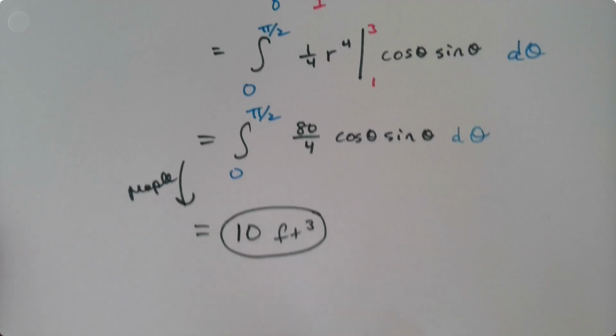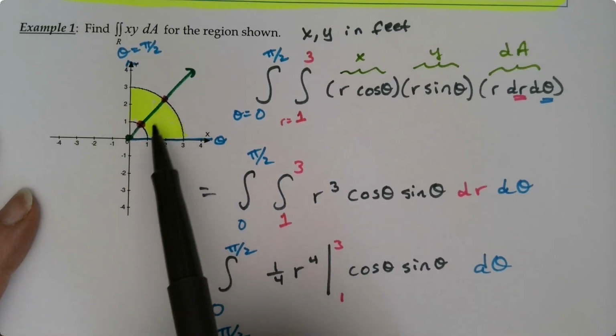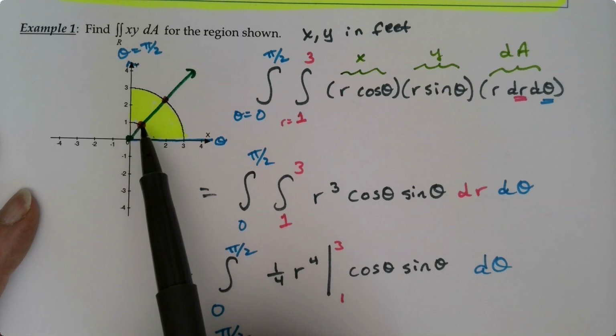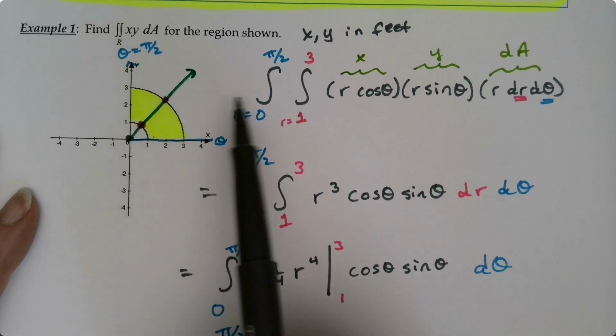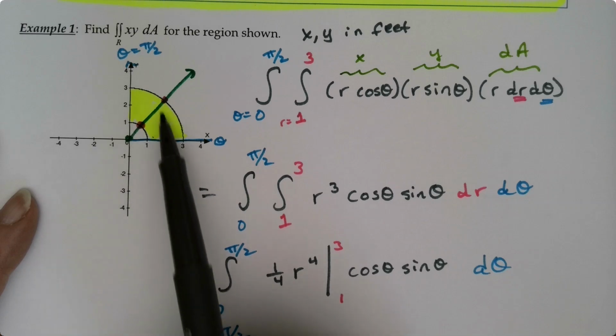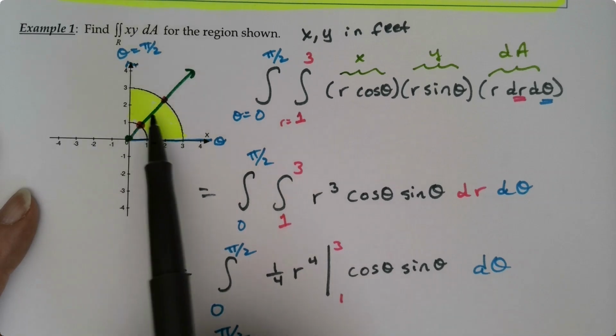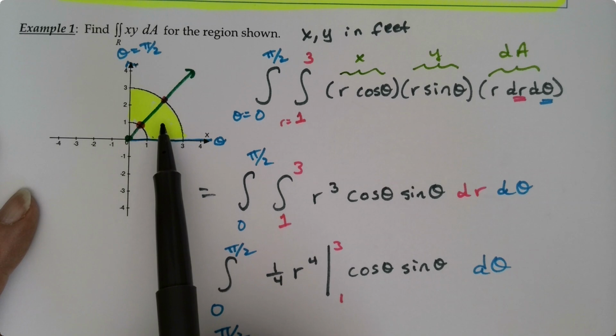And for the record, the reason you want to switch it to polar is because think about what a nightmare this would be in rectangular coordinates. These are the square root of 1 minus x squared and the square root of 9 minus x squared. And so you'd have all sorts of a nightmare trying to do vertical or horizontal rectangles. They would be terrible.